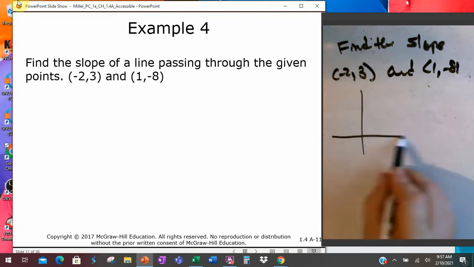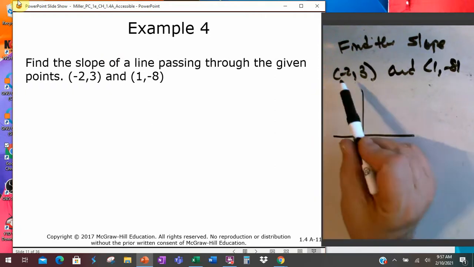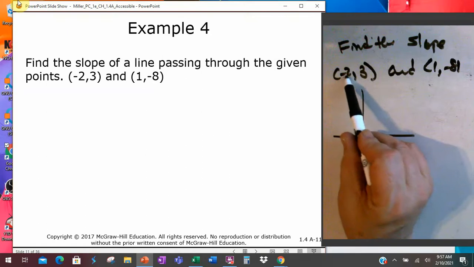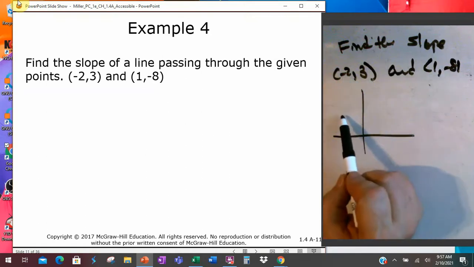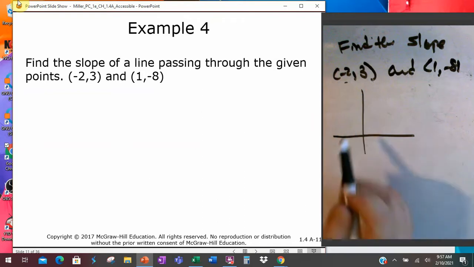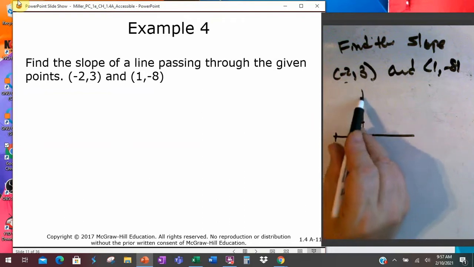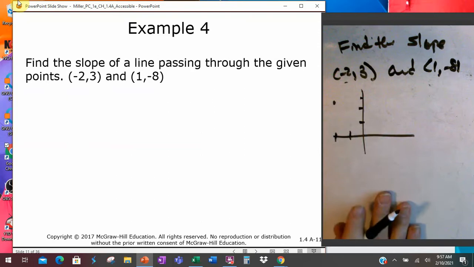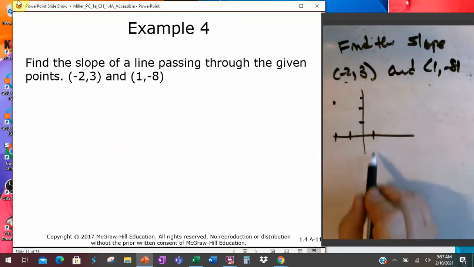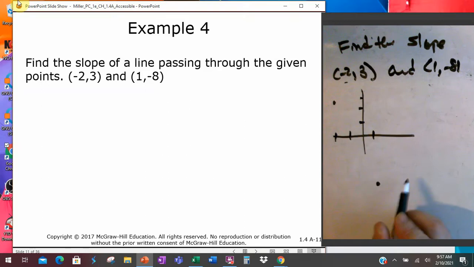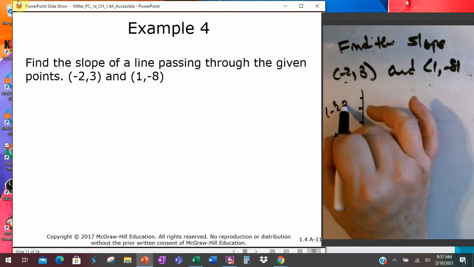So if I did a quick sketch of this thing, just off to the side, -2 over, this is going to be between -2 and 1, -2 is going to be my point 1, right? Because this is further to the left. So somewhere like this would be -2 and then 1, 2, 3. So somewhere like there. And then 1, -8 would be down here someplace. 1, -8. -2, 3.